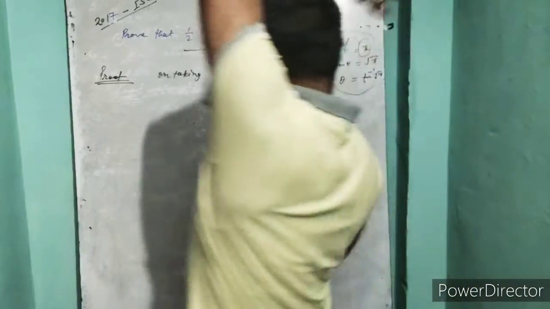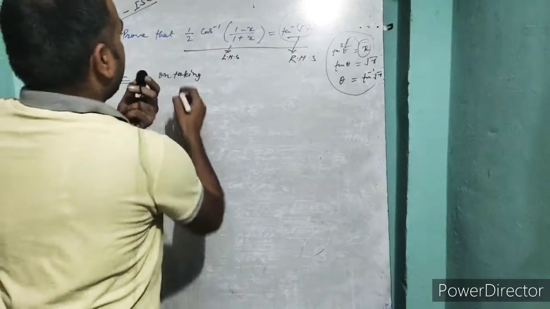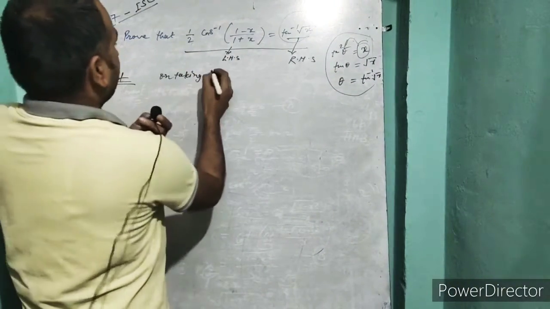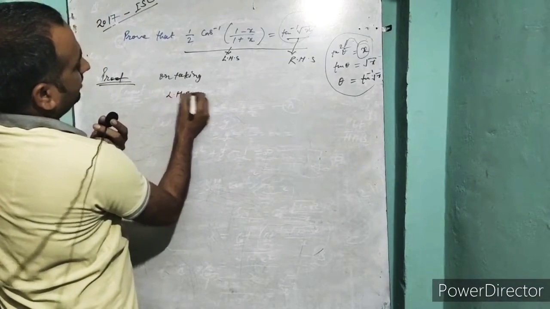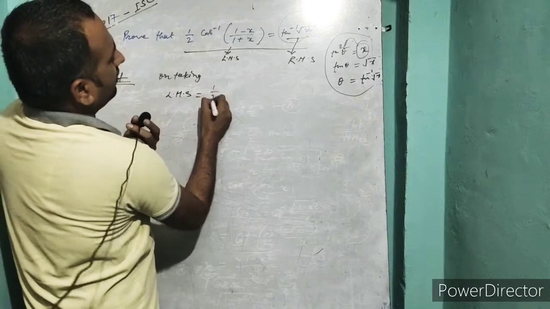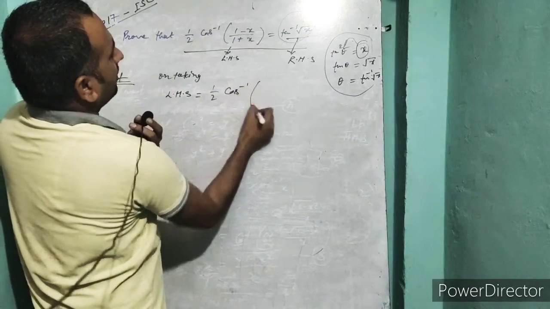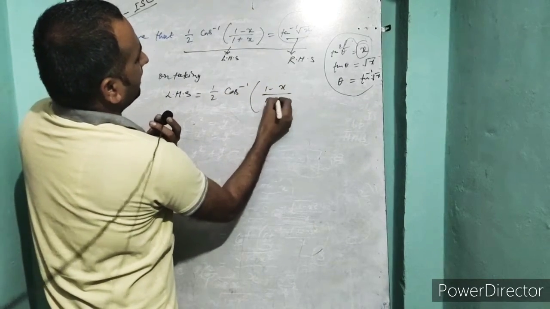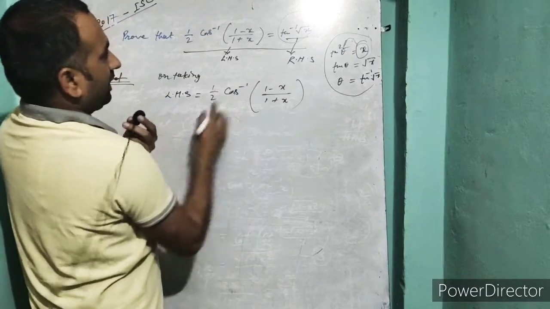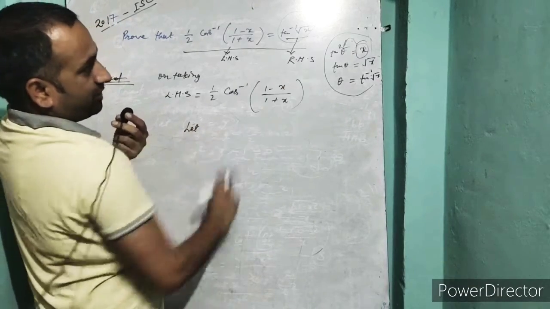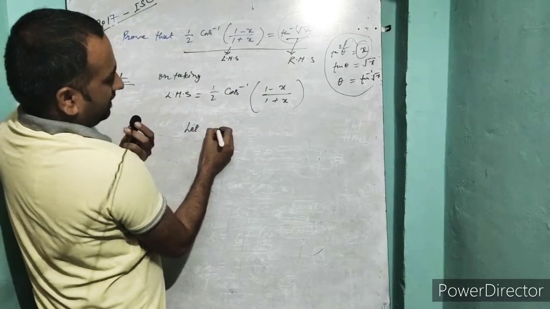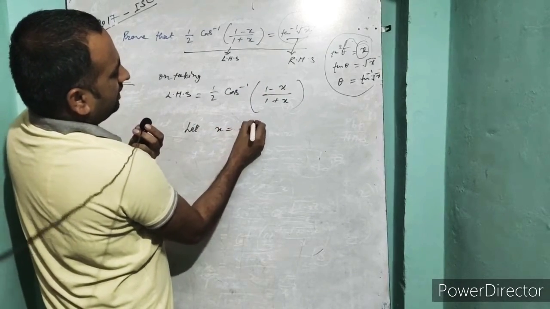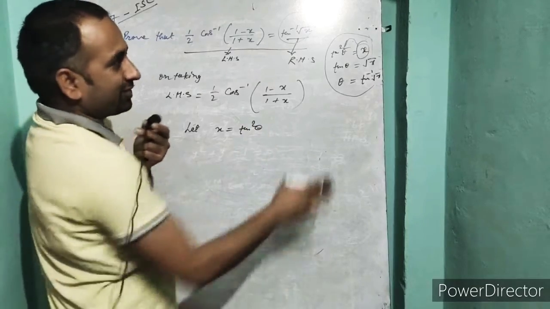So on taking LHS, here we have LHS as 1 upon 2 cos inverse of 1 minus x upon 1 plus x. Let, according to the trick, x is equal to tan square theta. You have to put only, don't write this thing.